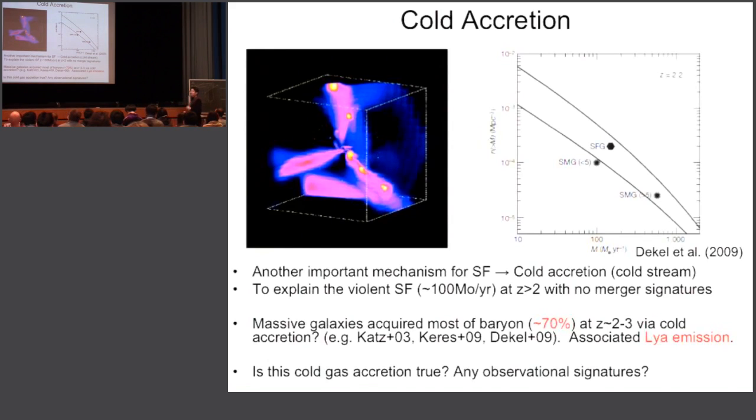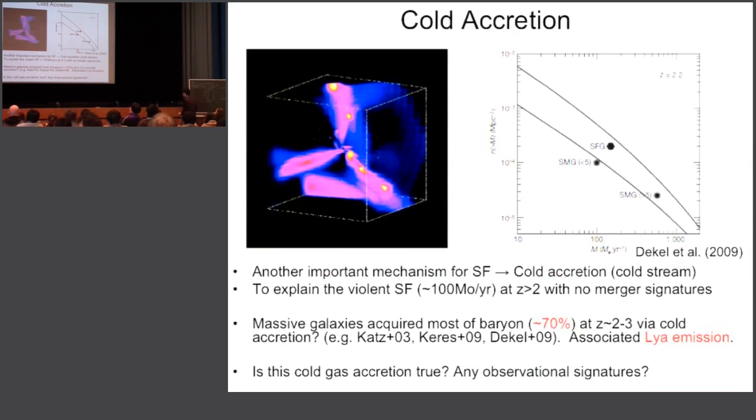And the gas density is high enough, like 1 per cc. So they are very dense, so they can penetrate into the center of the dark matter halo, and they collide at the center. So if you have this, then you have very dense gas. So you can produce a lot of stars.